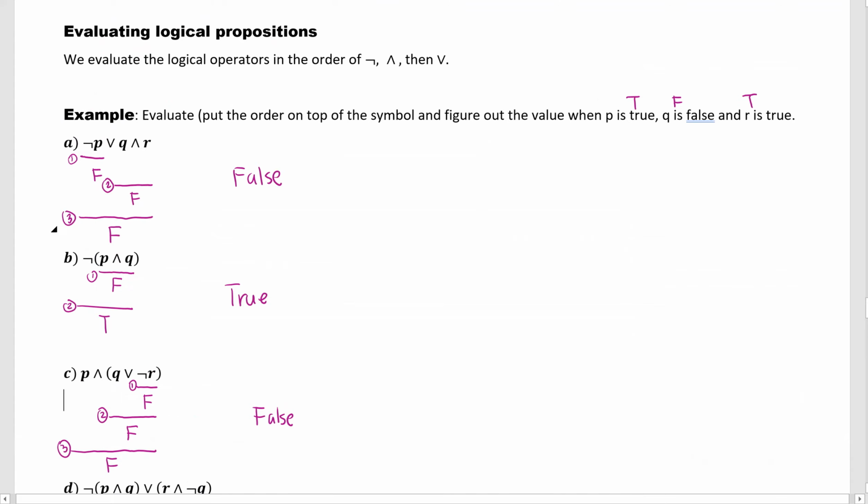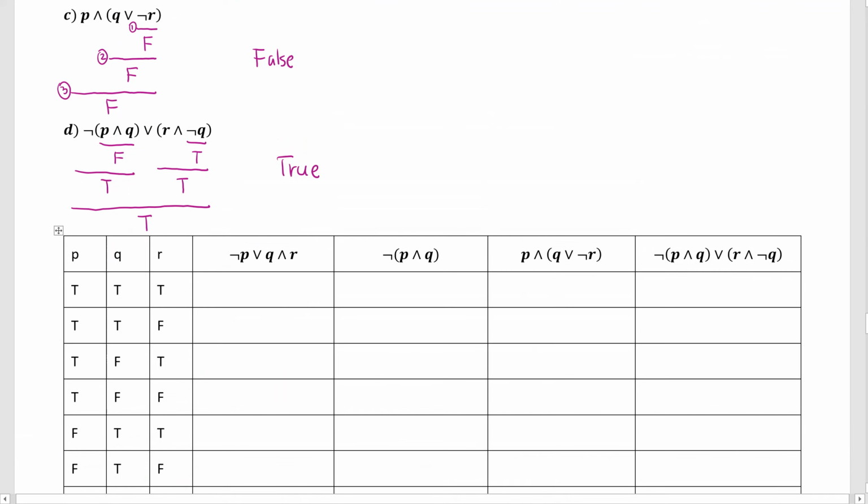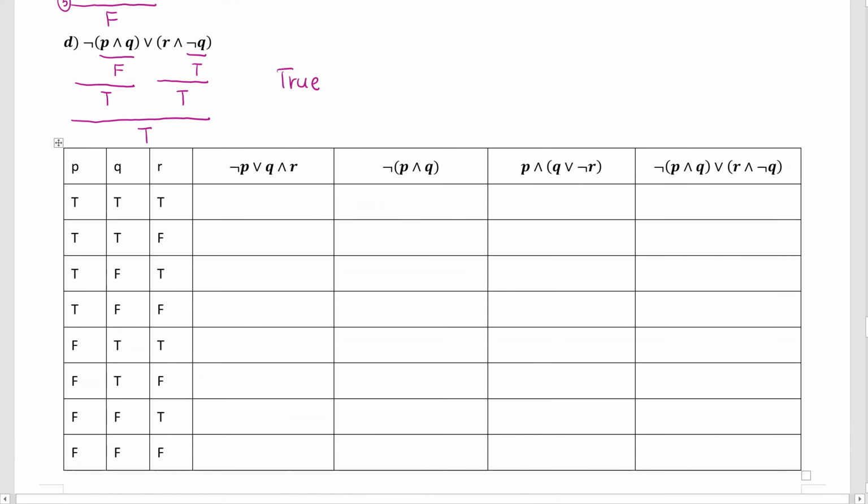So we have false, true, false, true. We just did this one, and the answer is false, true, false, true. How do we do the rest? Okay, let's do the rest.